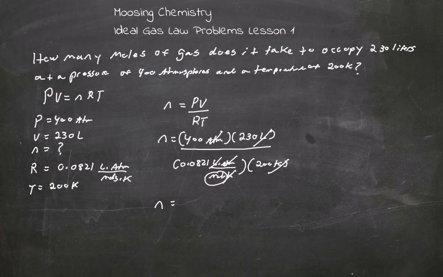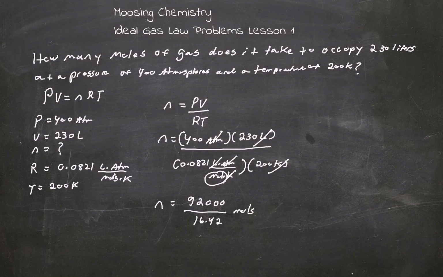So let's clear this out and use the calculator. 400 times 230 liters gives me 92,000 on top, divided by 0.0821 times 200, and that gives me 16.42, and we're looking at moles here.